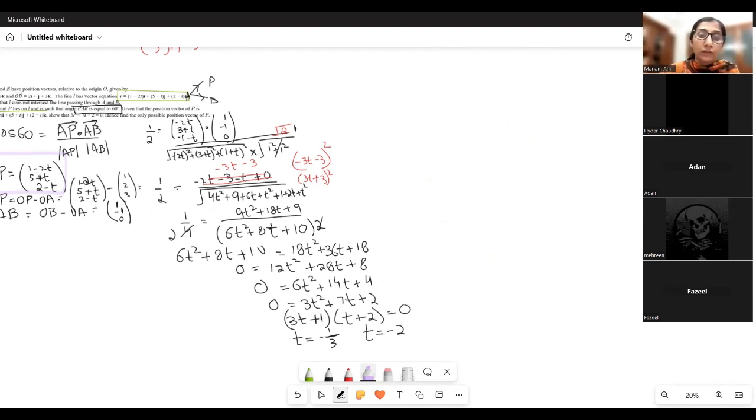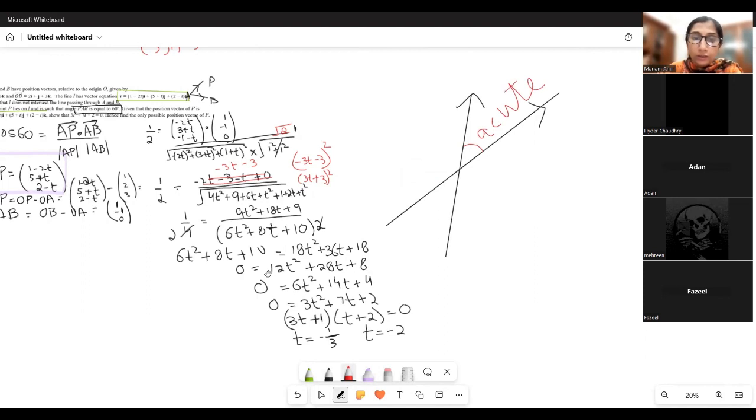So I told you guys that if this is one vector equation and if this is the other vector equation, there are two possible angles between the vector equation. This one, which is acute, or this one, which is obtuse. Both of these are correct angles.